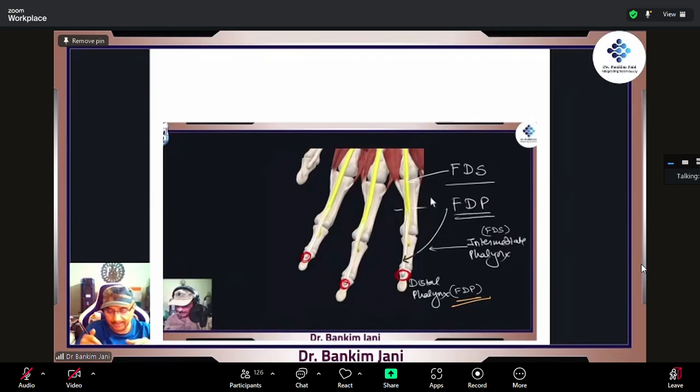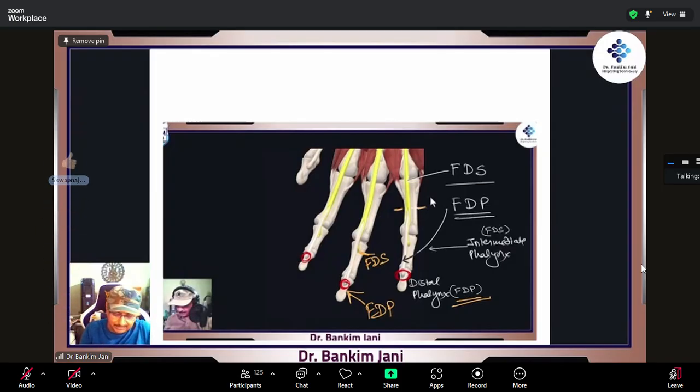Somewhere in the middle of the proximal phalanx, the flexor digitorum profundus opens up the sheath and travels further. Flexor digitorum superficialis lands on the intermediate phalanx. This is the landing of flexor digitorum superficialis, and this is the landing of flexor digitorum profundus. That's how they are arranged.